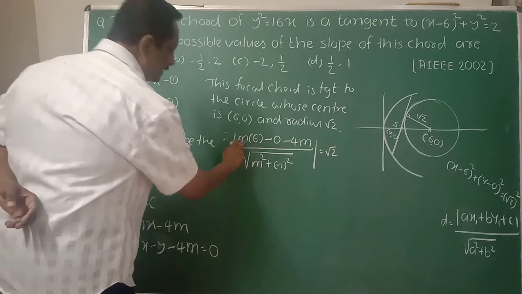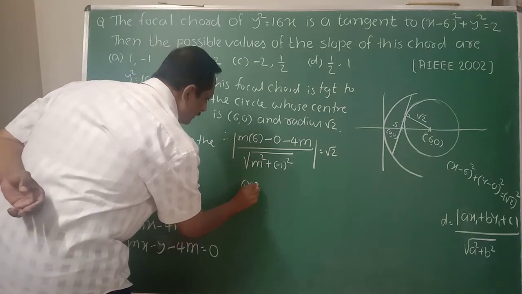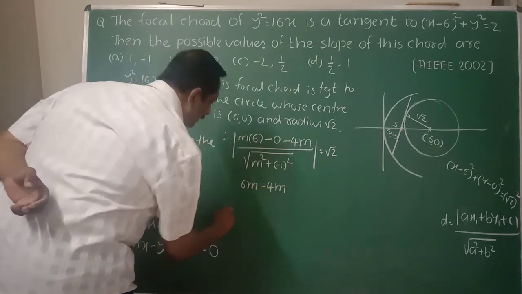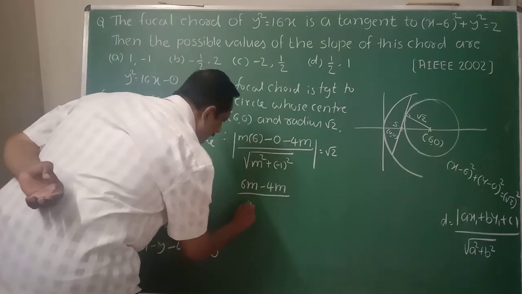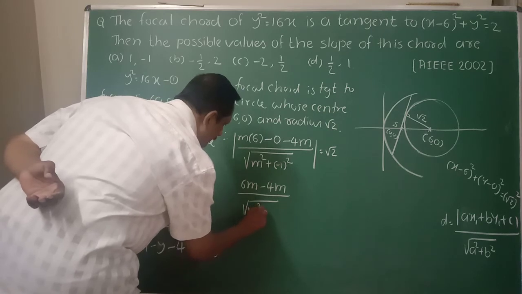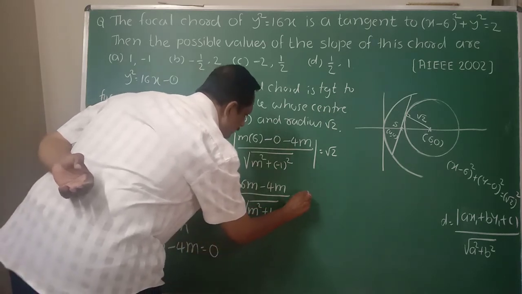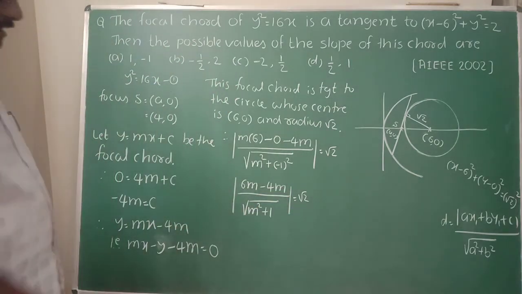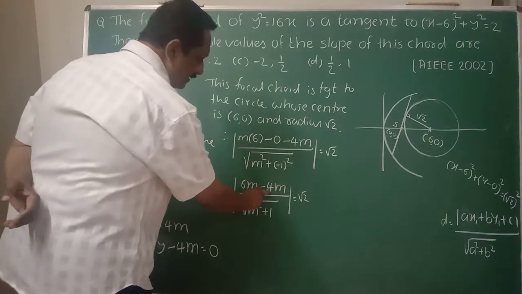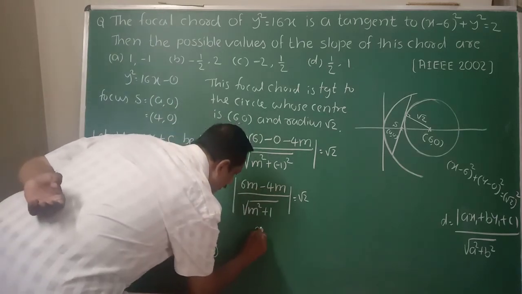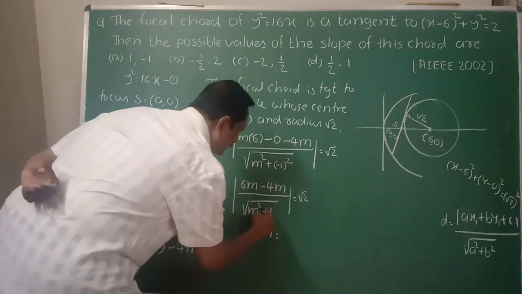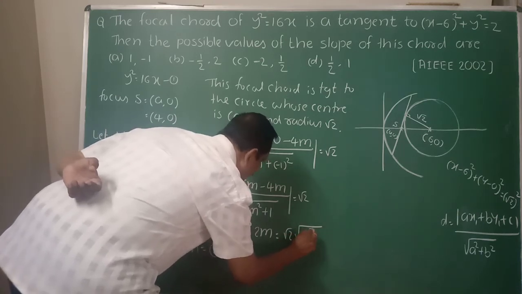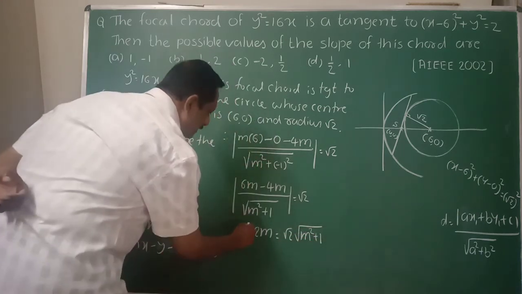Therefore (6m − 4m) divided by √(m² + 1) equals √2. Then 6m − 4m becomes 2m, so 2m = √2 into √(m² + 1).